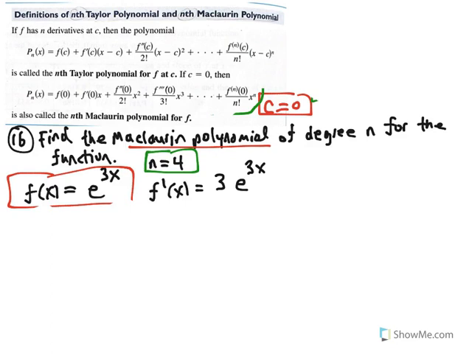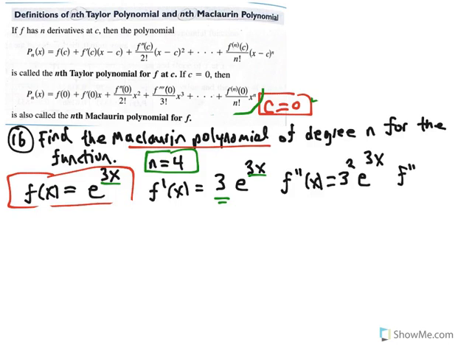So to find the first derivative of f of x, I have to use the chain rule. I have a composition of two functions where the inside function is 3x. So I have the derivative of e to the 3x, which is e to the 3x, multiplied by the derivative of the inside function, which gives me 3. And then I have f double prime of x. I would take the derivative of f prime, and I'd get e to the 3x, and here I'll have 3 squared, which is 9.